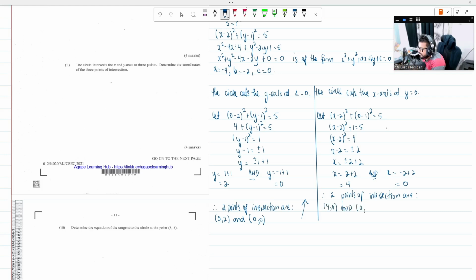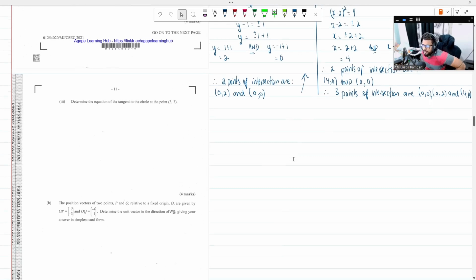And when x is 0, y is 0. So therefore, the 3 points of intersection are (0, 0), (0, 2), and (4, 0).